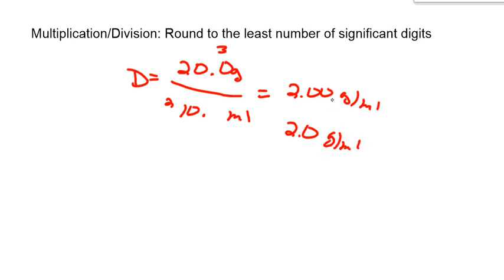The last 0 I cannot include because it does not have the 0 over here in the original question. Okay, so there you go. We are only allowed to keep, in terms of our significant digits, only 2. Why? Because this one limits us to 2 sig figs. Do not include 3. So always go with the least. Hopefully that makes sense. We'll practice more in class. And of course, I'll let you ask questions for me.